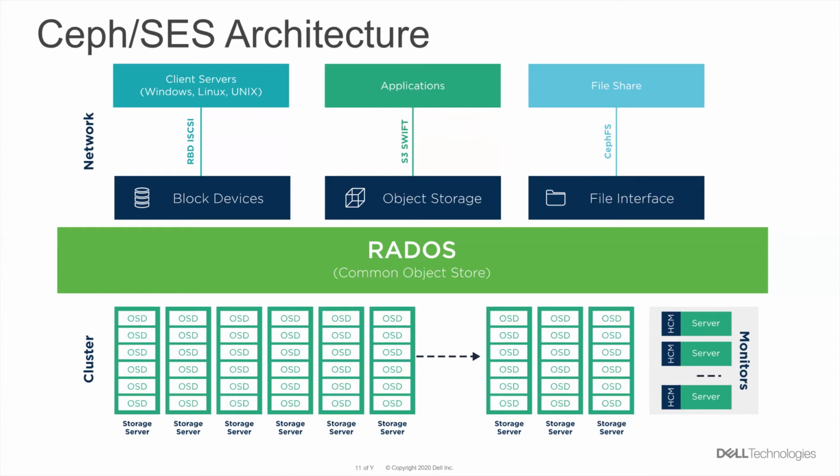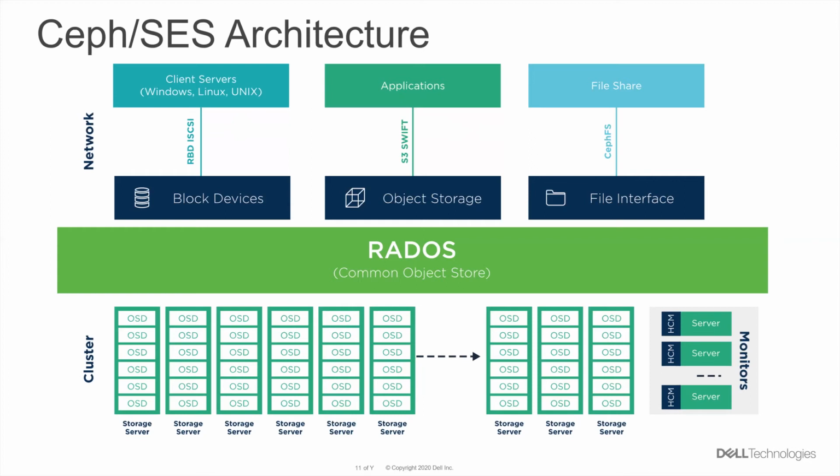So a bunch of these together make up the entire body of storage, with each disk having intelligence associated with it. These are tracked by the monitor servers that you see on the right. These should always be an odd number because it does a majority wins voting algorithm in case there's disagreement between them. But they don't sit in the data path. They're just tracking who's up, who's down, who's in, who's out of the cluster.